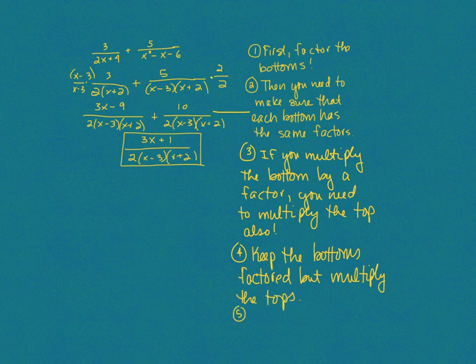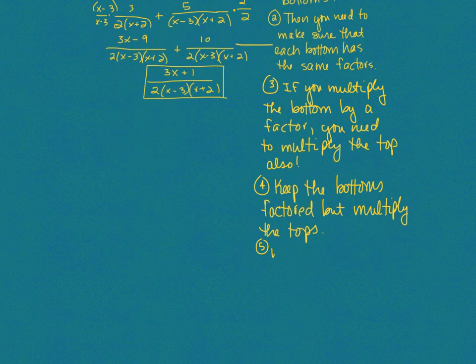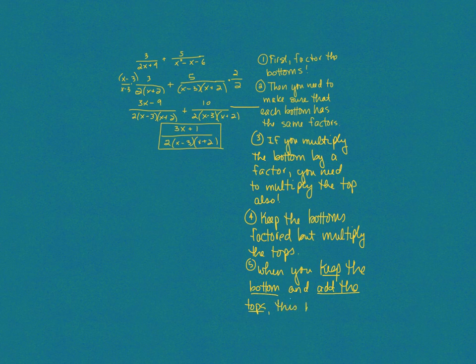And because when we keep the bottom and add the top, what that means is that when we add the top, we're going to be combining like terms. And in order to combine like terms, we need to have things written kind of like polynomials, a string of terms.